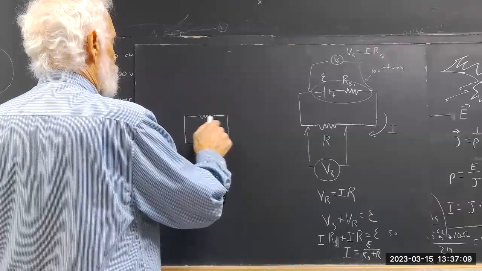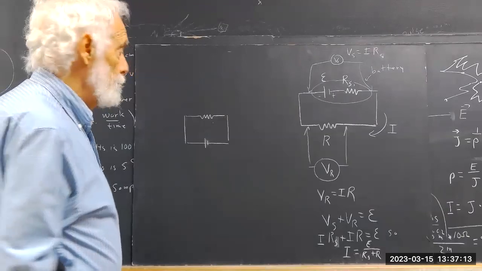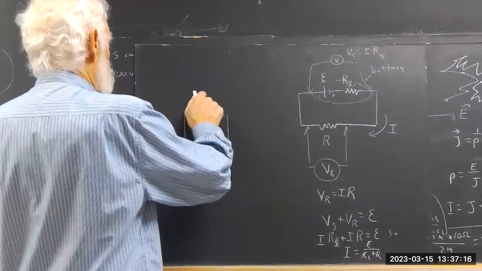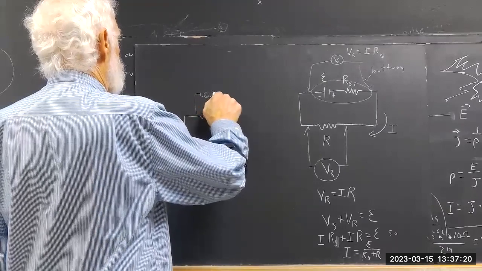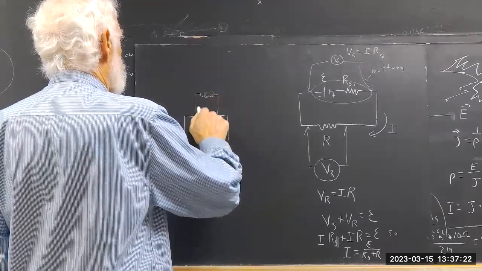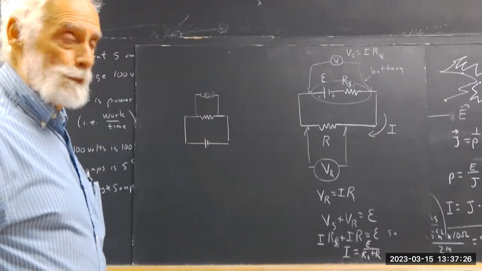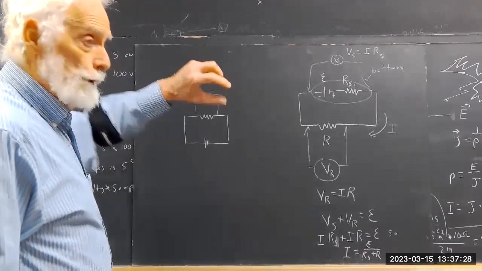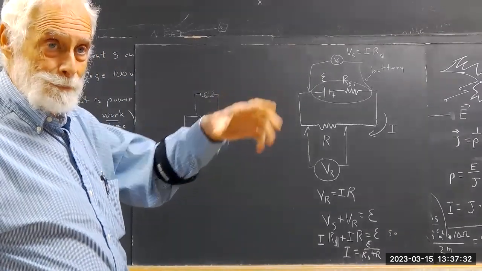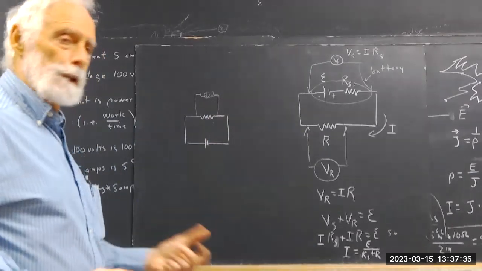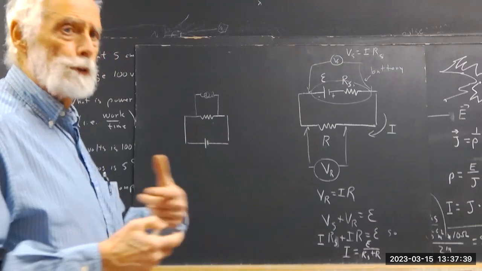In order to measure the voltage across this resistor, we could just take a couple of wires here. This is a coil of wire between a couple of magnets, and we've already seen how magnets react with currents.